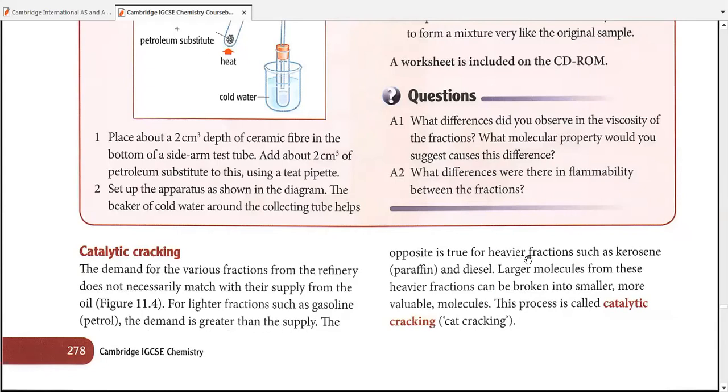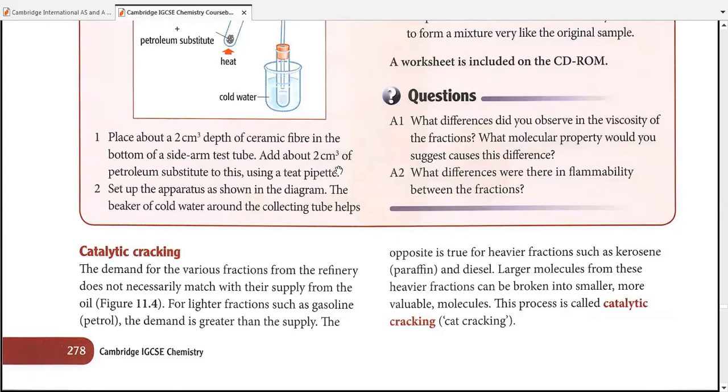The opposite is true for heavier fractions such as kerosene, paraffin, diesel. So what do we do? We come up with the process cracking, and cracking is defined as when larger molecules from heavier fractions are broken down into smaller molecules, which are more valuable in terms of their demand. This process is known as cracking.